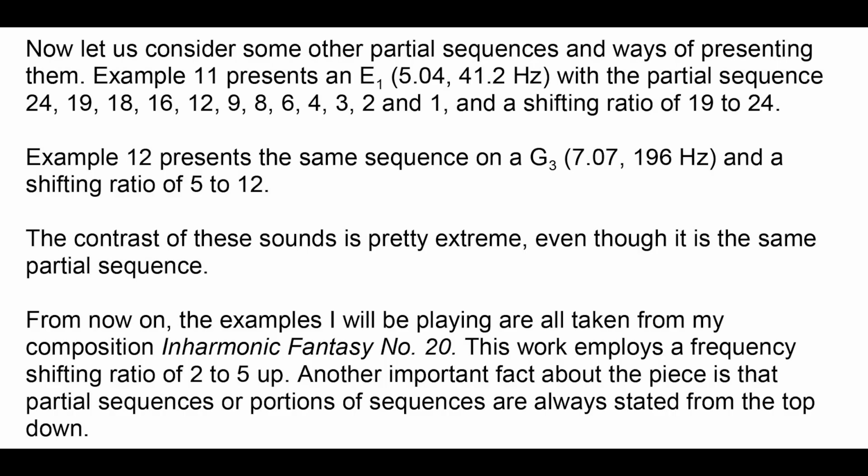Example 12 presents the same sequence on a G3, 7.07, 196 Hz, and a shifting ratio of 5:12. The contrast of these sounds is pretty extreme, even though it is the same partial sequence.